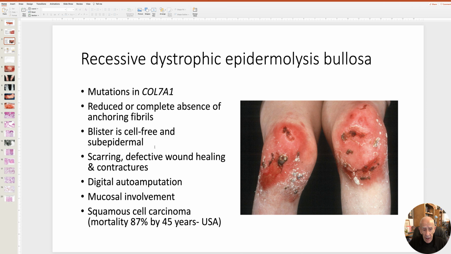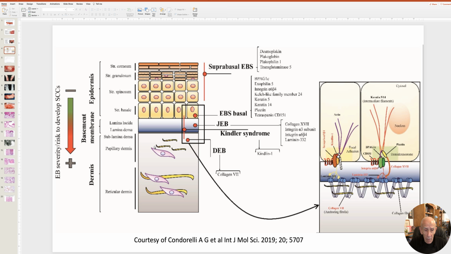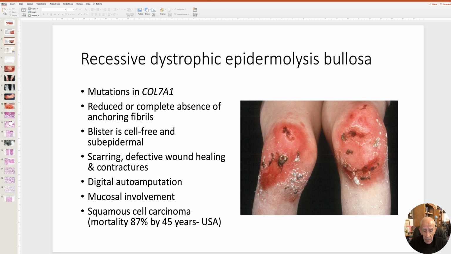In some patients, you may see digital autoamputation, and in some patients, mucosal involvement is present. And I note down here at the bottom that 87% of patients with recessive dystrophic EB die from their tumors by 45 years of age, and that's from a series in the USA.